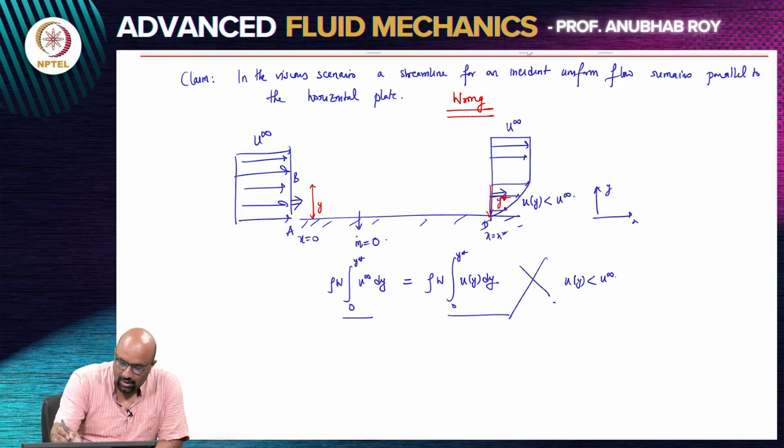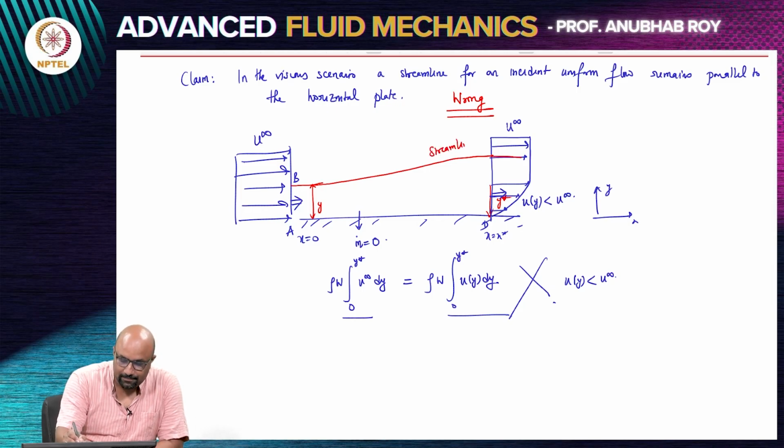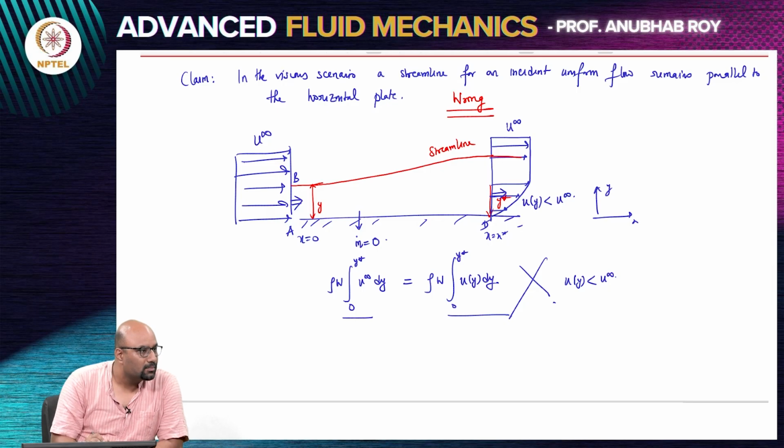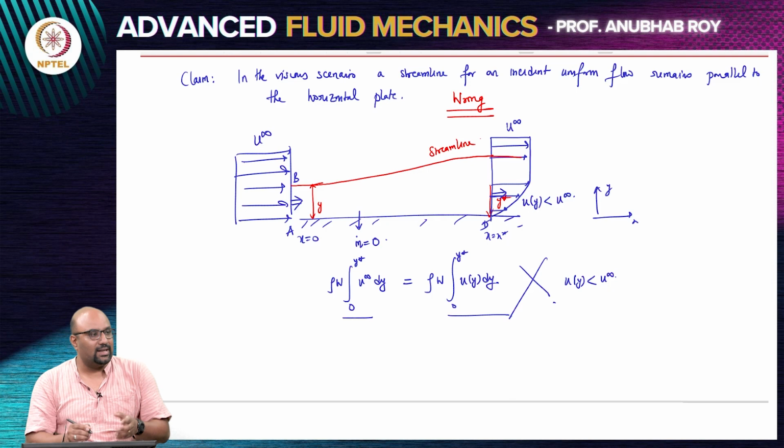So, if I draw the corrected streamline, whatever is coming in has to be compensated by whatever is going out, this is what should be the streamline. This is now a streamline, because you want the fluid that is exiting to carry the same amount of mass.